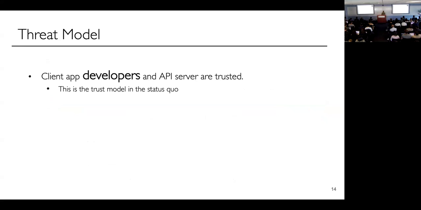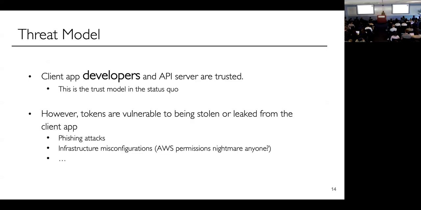And the threat model is that we trust the client app developers and the API server. Okay? This is the status quo in OAuth or any such authorization protocol. You are trusting the client developers and the API. But the threat here is that, as I said, the tokens can be stolen. Phishing attacks, infrastructure misconfigurations.